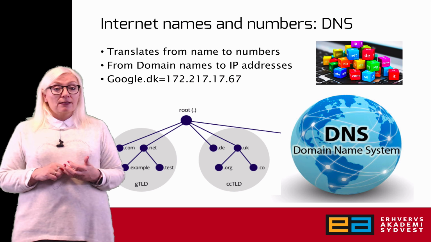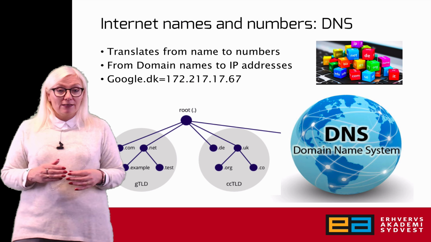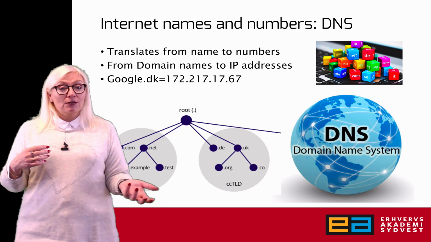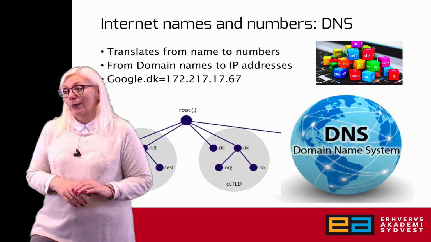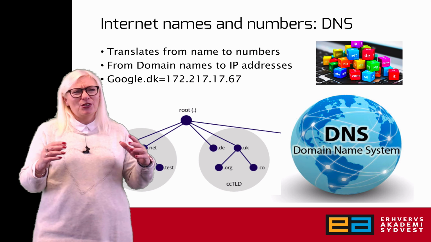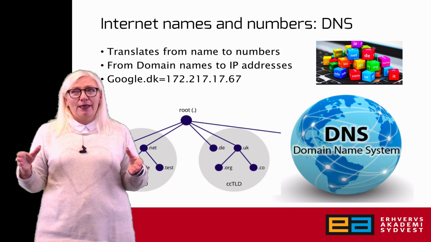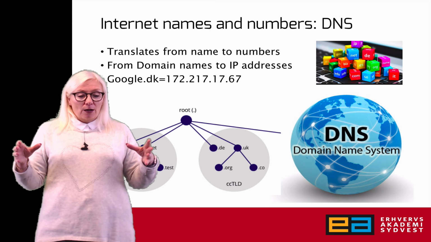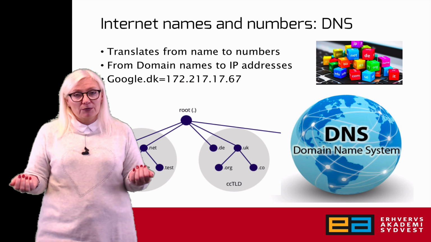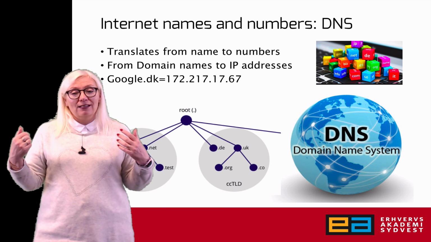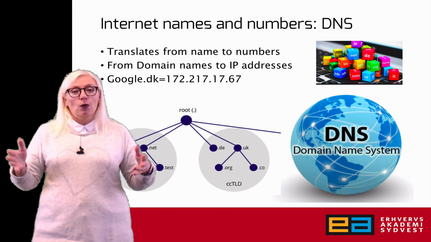So the DNS protocol will translate from names to numbers, and also the other way around. So this is very helpful. It's also the protocol that is made so that we cannot use the same name. All names on the internet have to be unique, and it's actually divided into a hierarchy.